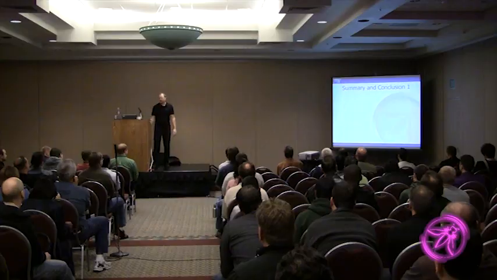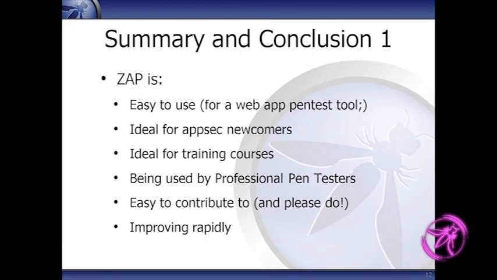I couldn't fit all the summary and conclusions on 1 page, so I've done 2. The message I want you to take away is that Zap is easy to use. It's easy to use for people who are relatively new to pen testing, as easy to use as you can have a pen testing tool. It's ideal for people who are new to application security. That's where I originally aimed it, and it's ideal for training courses.